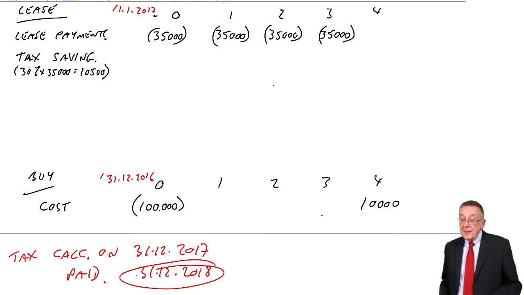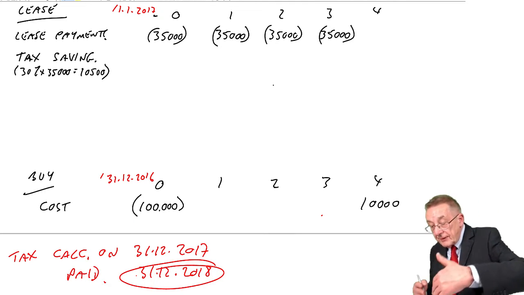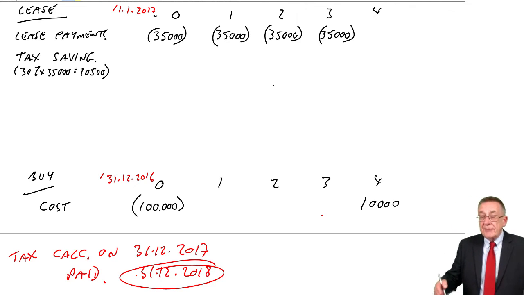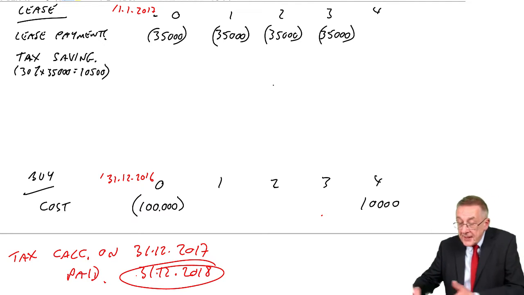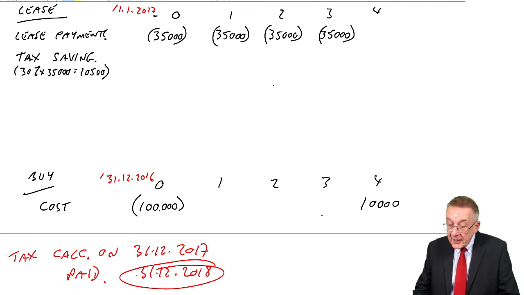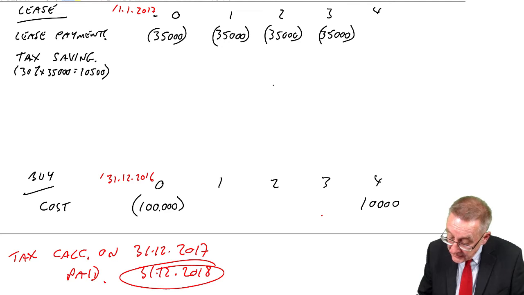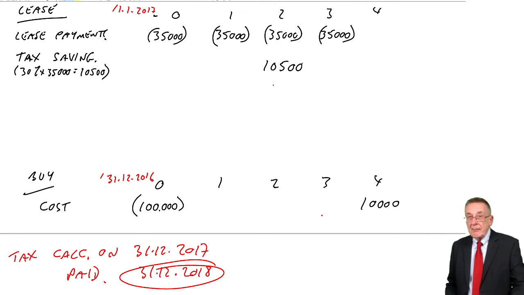And what time period would that be? January 17 to December 17. Well, December 17 is 1 year away. December 18 is 2 years away. So the tax saving, the first tax saving, would be at time 2.